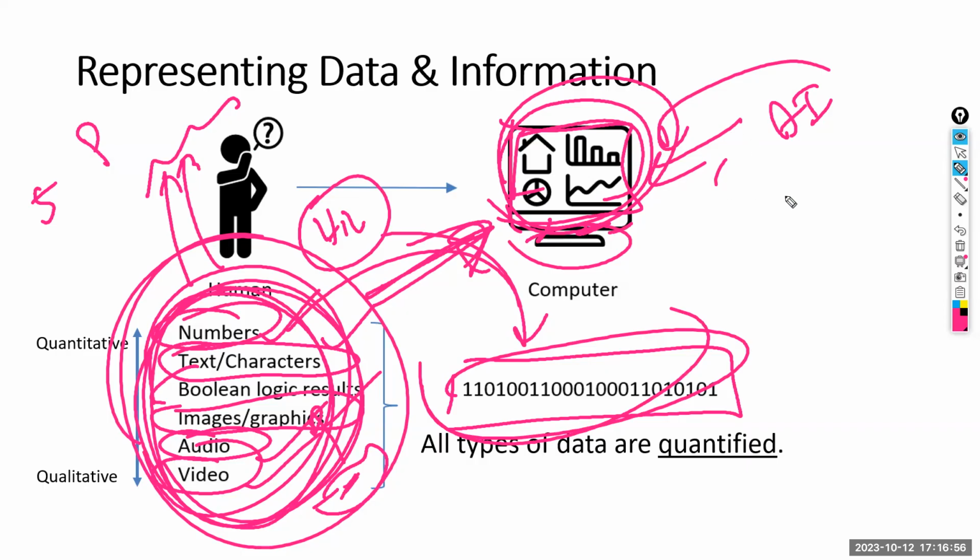Your images, when you take a photo using your camera, how do you save it in the computer? A set of ones and zeros. When you record someone's voice, for example, when I talk, you can hear.